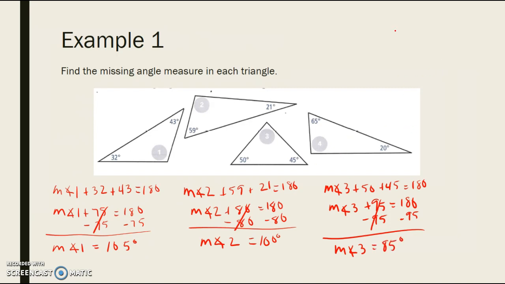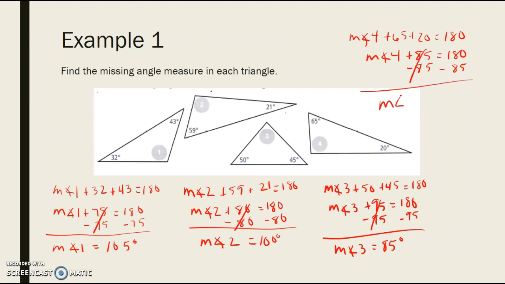I'm going to do angle 4 up here. Measure of angle 4 plus 65 plus 20 equals 180. So I know that the measure of angle 4 plus 85 equals 180 degrees. We're going to subtract the 85 from both sides.